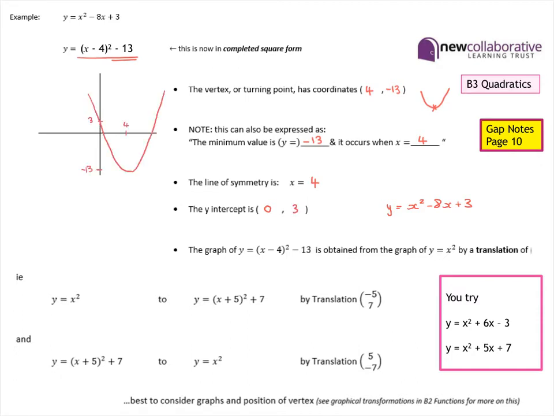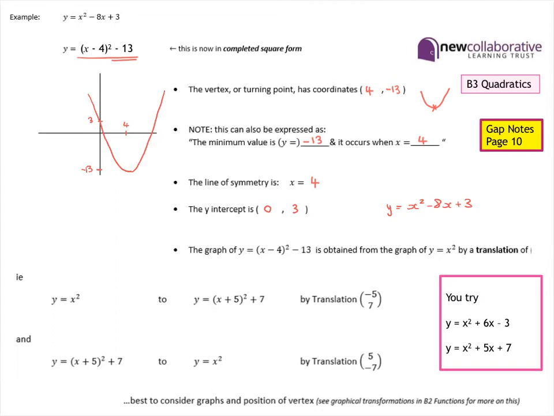And if we use the information we've got so far to put the sketch together for the quadratic graph, as we've done there on the top left, we can see that the graph is the same as the graph of y equals x squared, except the graph has been translated, and it's been translated by moving it 4 units to the right and 13 units downwards.